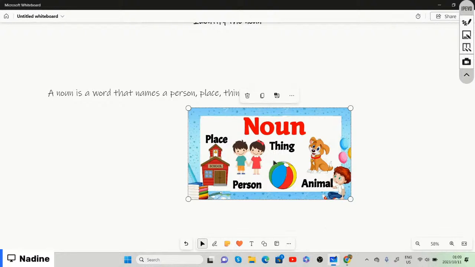It also names a thing, which can be any object like a laptop, ball, bed, or chair. Nouns can even name animals, like a dog, a cat, whichever your pet is, or a fish. So we said a noun is a word that names a person, a place, a thing, or an animal.